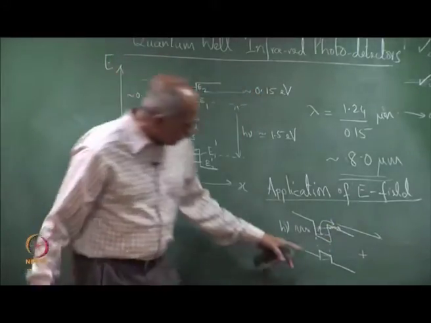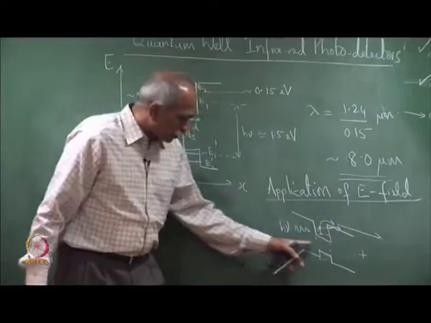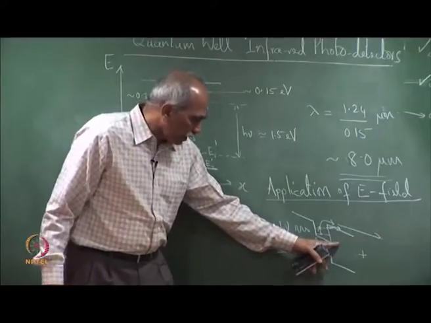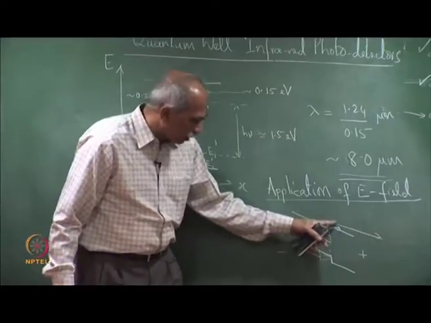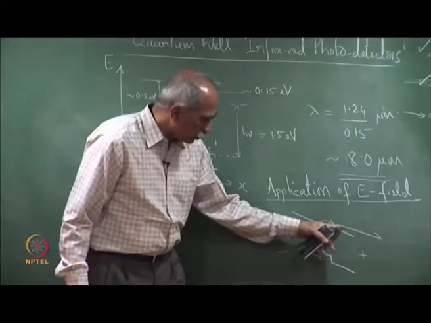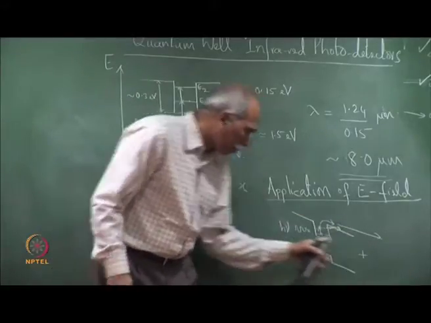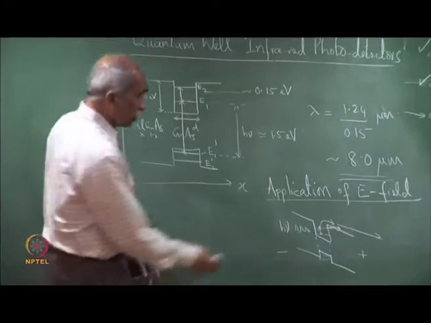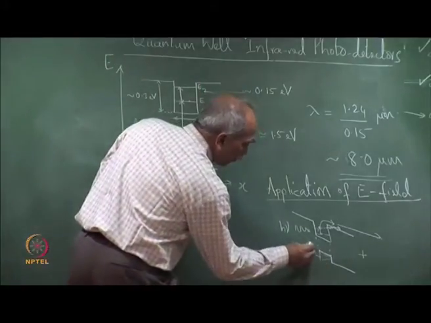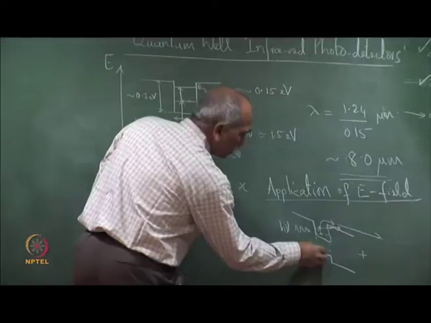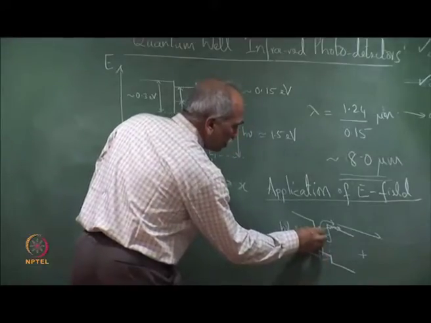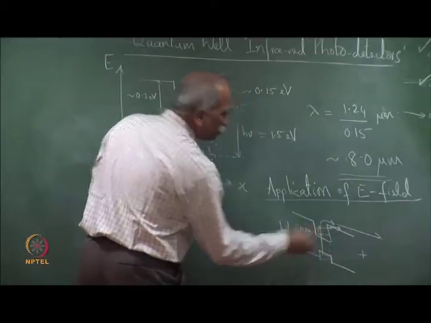But the important point is that the application of the electric field provides a means for thermionic emission or electron tunneling through the barrier and escape from the well, and therefore further photons can be absorbed by the same process.